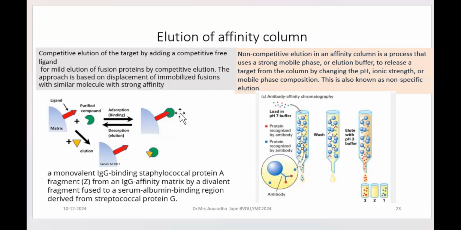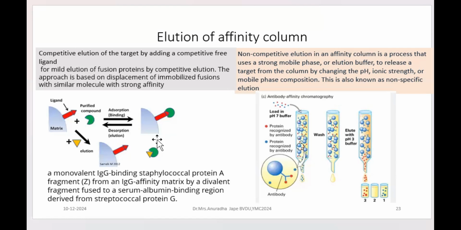It will displace the analyte from the ligand, bind with it, and come down the column. This is one way. As you are seeing, the green color is the analyte of your interest, and yellow is the competitive elution component. The complex was initially formed, that of ligand and the analyte. But as this elution component is added in the buffer, this green molecule, your analyte, is removed from the ligand, the red one, and the analyte shown in green has formed a complex with the yellow eluting component, the one which has a strong interaction with it.